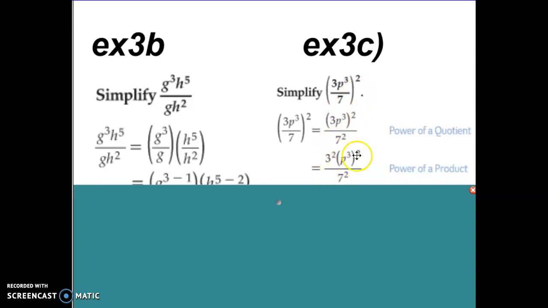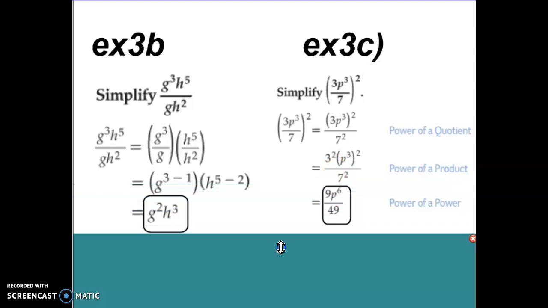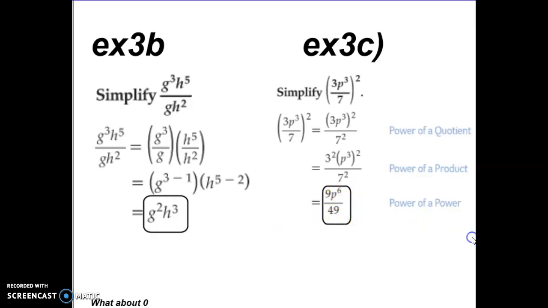What about p? What does p become? P becomes p to the 6th. And what happens to the 7? Does the 7 also have to be raised to a power? Yes. So the final answer is going to be 9p to the 6th over 49.